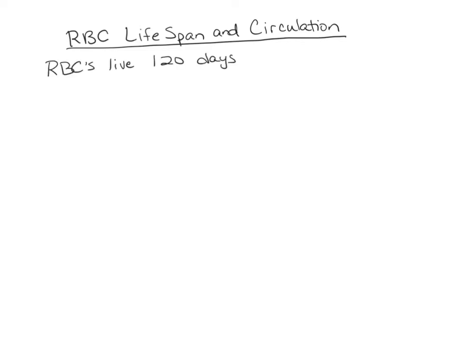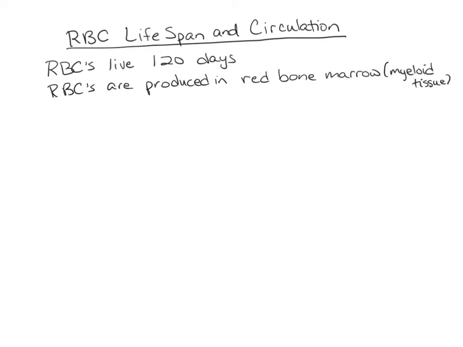The red blood cell will circulate in the blood vessels for approximately 120 days or 4 months before they are broken down. New red blood cells are formed in red bone marrow in tissue that's called myeloid tissue.